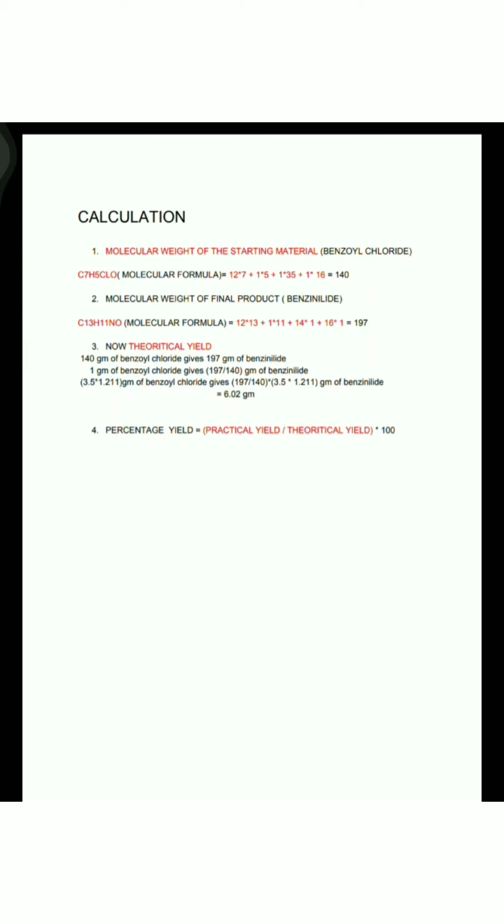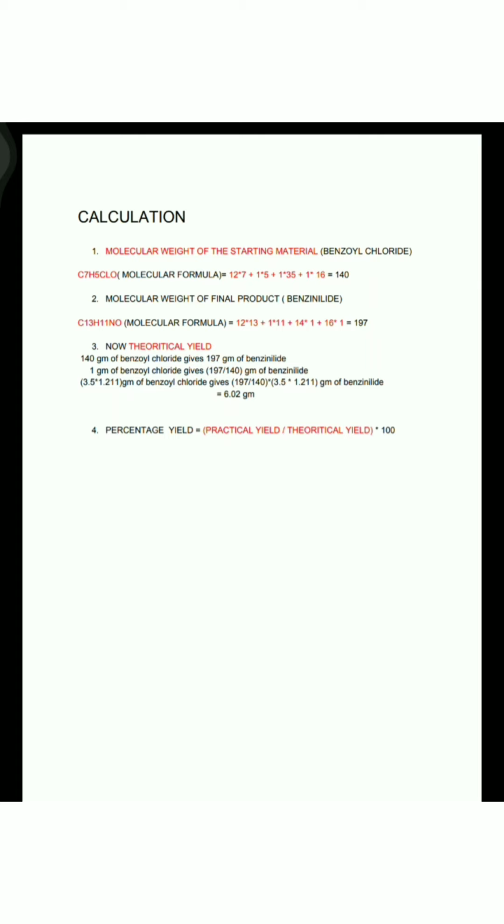So we convert it into grams using its density, that is 1.211. So 3.5 into 1.211 grams of benzoyl chloride will give 6.02 grams of benzanilide. This is our theoretical yield.